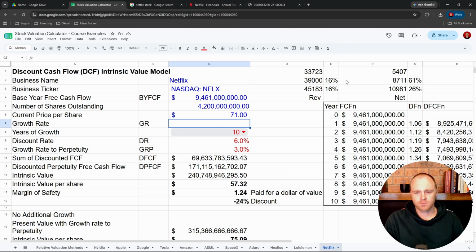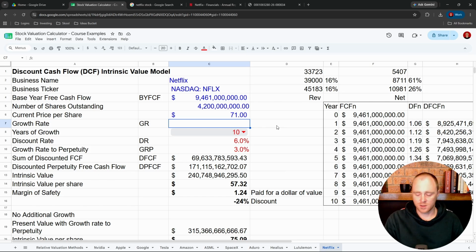So let's come up with a bit of a number for this growth rate. We've got revenues increasing by 16%, and it's pretty consistent. We've got net income and net cash, which has increased a fair whack.